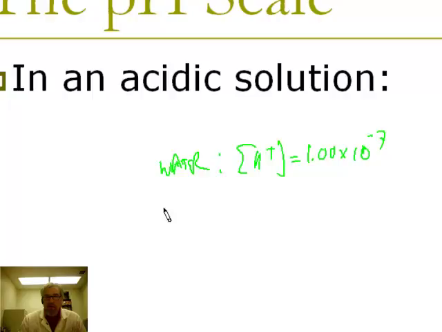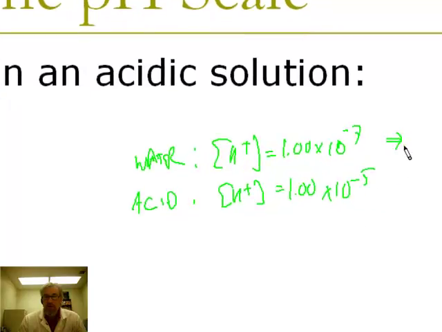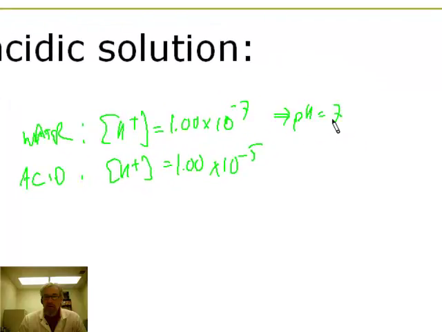So here's our acid. Some random acid has an H plus concentration of 1.00 times 10 to the anything bigger than negative 7th. How about negative 5? That's larger. So the pH here, of course, is 7. What's the pH here? Well, it's the opposite of negative 5. pH is 5. So in an acidic solution, pH is going to be less than 7.